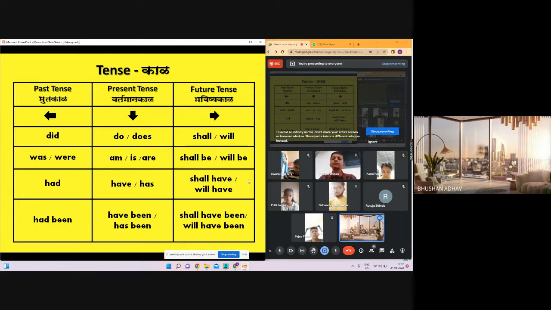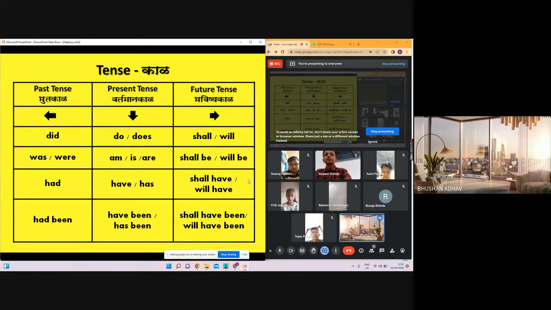In the same way, you have to remember in your mind that suppose there are nine words in a sentence, which are do, does, am, is, are, have, has, have been, has been, it is present.